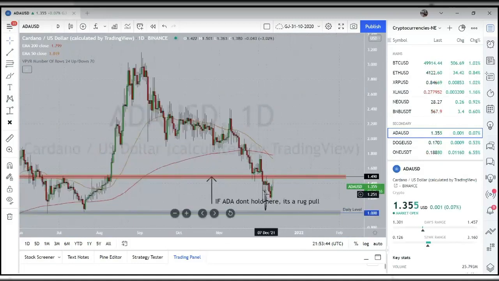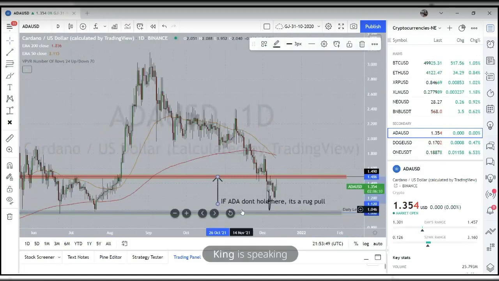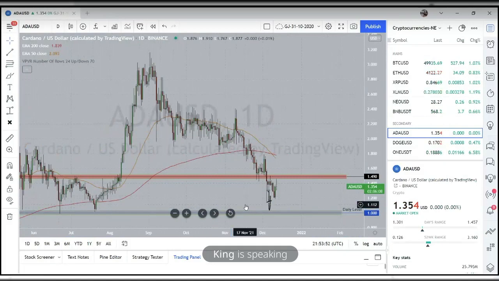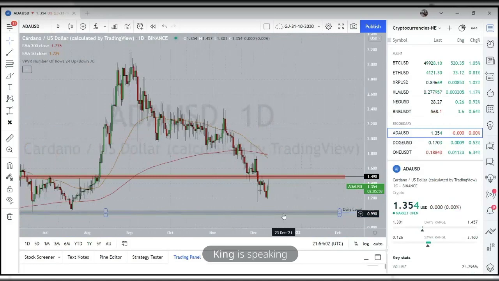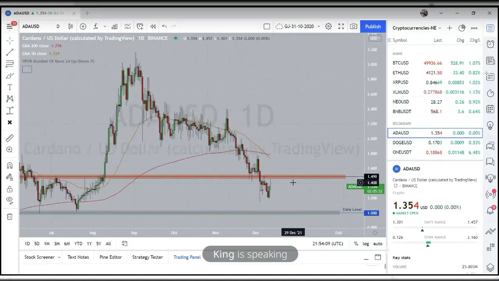We got the break below the rug pull level, and it looks like we're just retesting the 150 level right now, possibly going back to the $1.